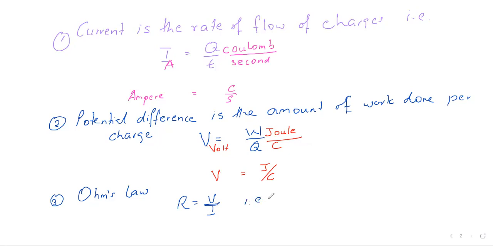This tells us that V is directly proportional to the current on the resistor, if other factors are kept constant. That's what we have. We are going to have a look at combinations so that you can go to the fourth and the fifth.